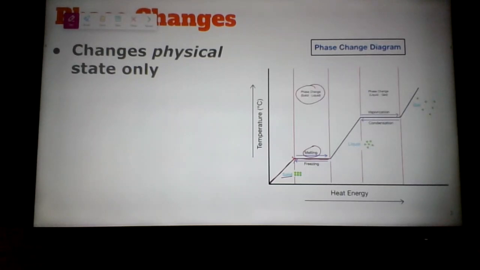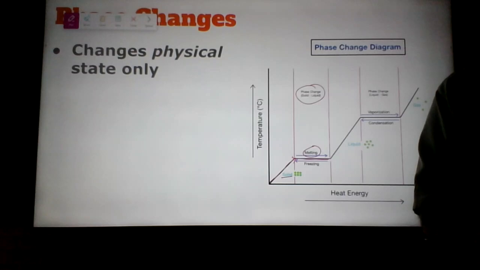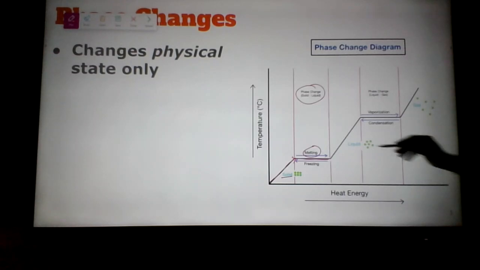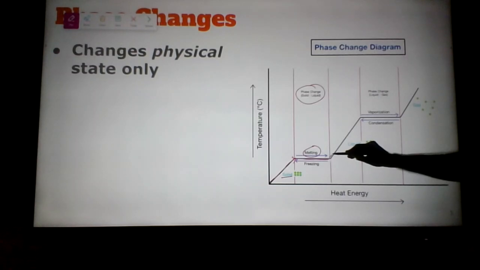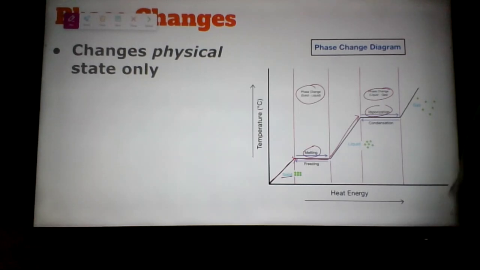Now, once all the ice is melted, then the liquid water on the table will start absorbing some of the energy from the room. This may take a while depending on how much water is on the table, and you'll begin the process of vaporization, which is changing from a liquid to a gas. Vaporization is the term that means liquid turns into gas.